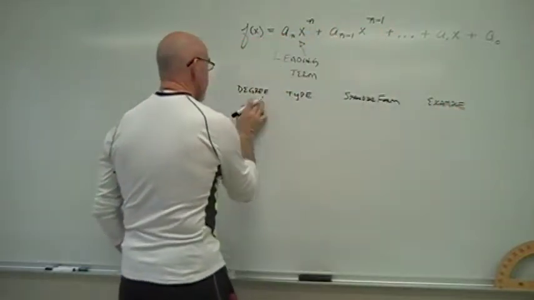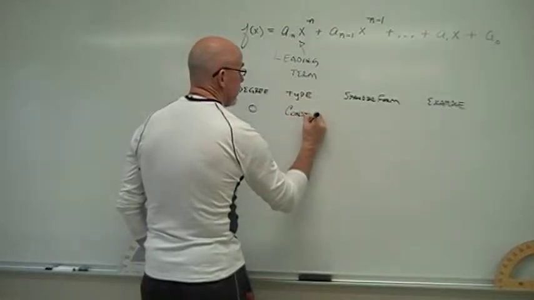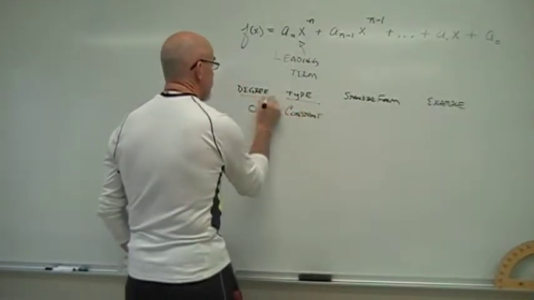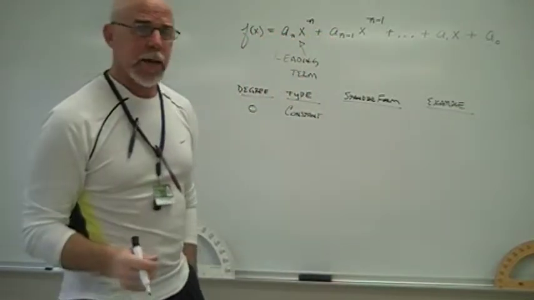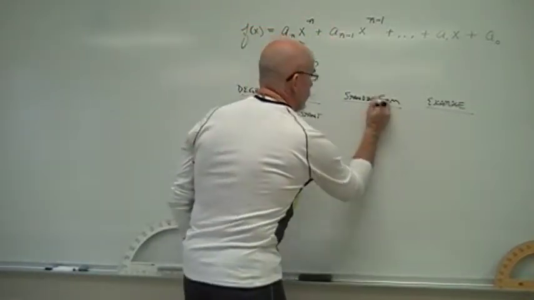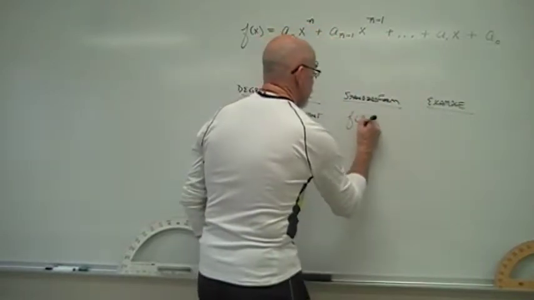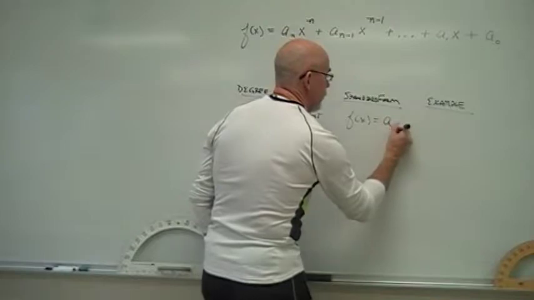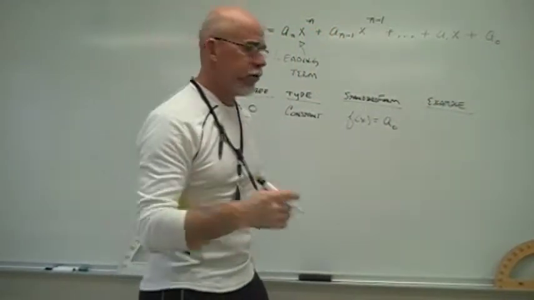They did give us a degree of 0. And we call that a constant type of polynomial. Constant means that we've written in standard form an example of a function where all you have is a constant term. All you have is a coefficient. All you have is a number. Here's an example.